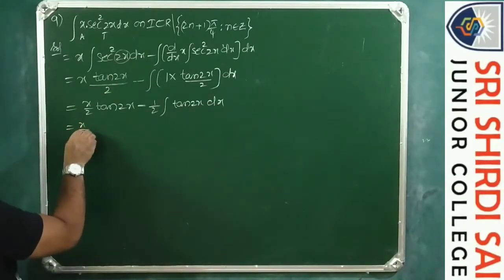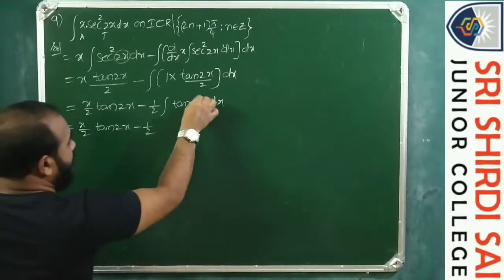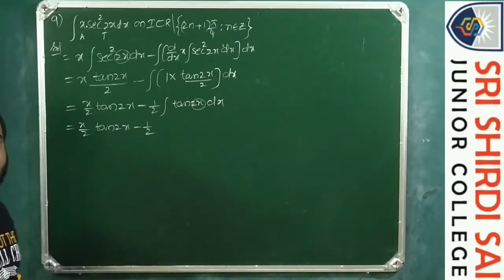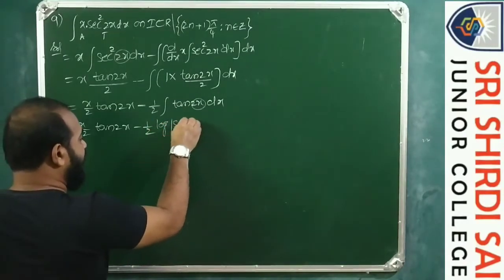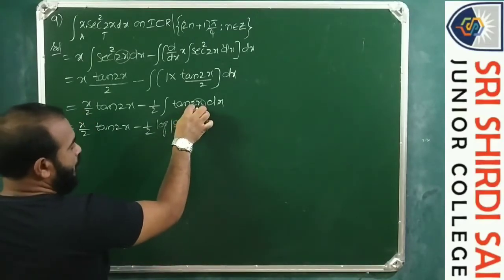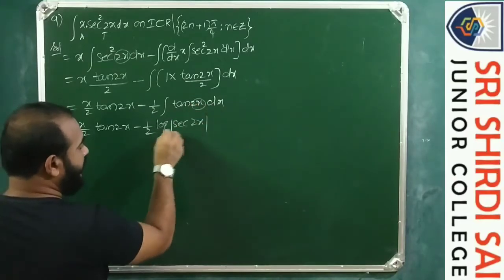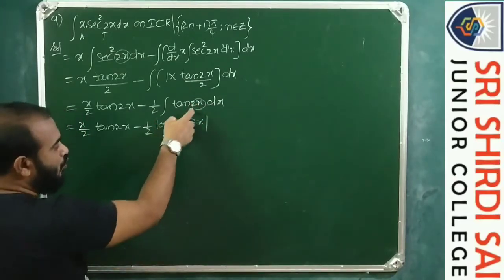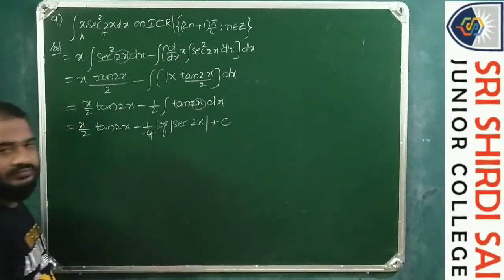Integral tan x dx is log mod secant x. So therefore this is log mod secant 2x, and d by dx of 2x is 2. So 2 into 2 is 4 plus constant of integration c.